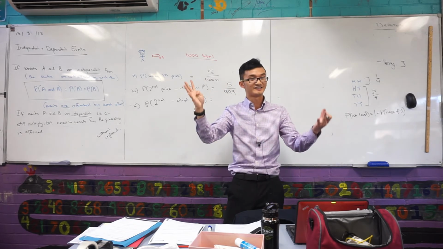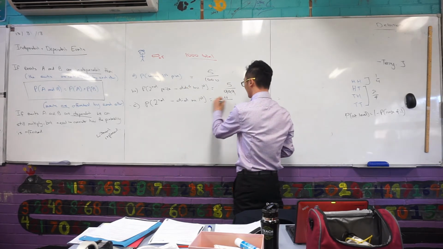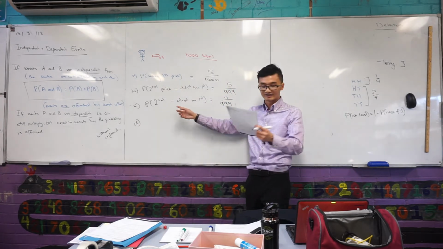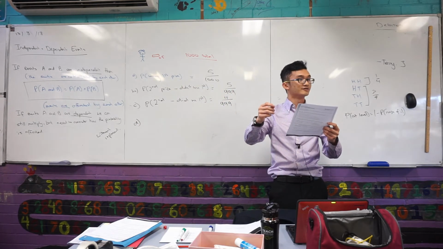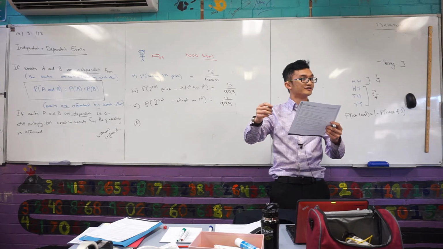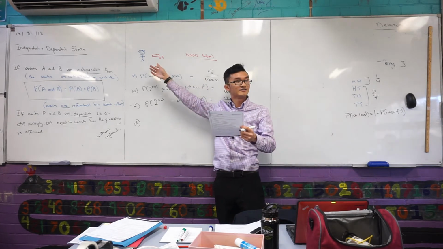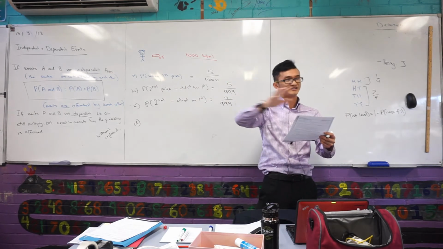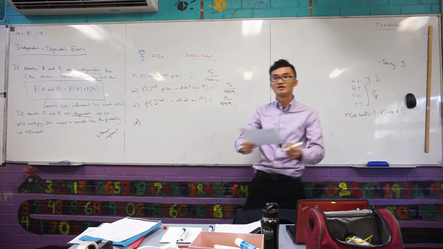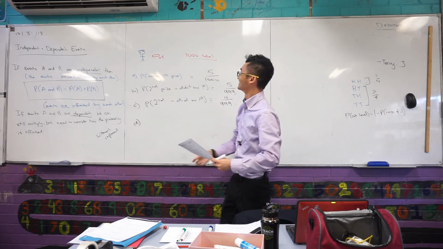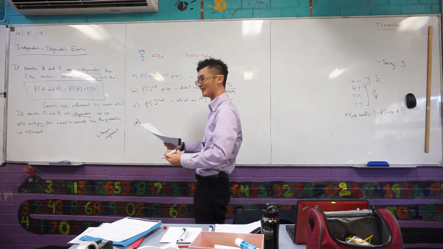But there's also less tickets in the pool still. 4 over 999. This is just saying what's the probability of him winning the second prize? That's what the question's asking. Does that make sense? Because he has 1 less ticket in there, and there's also 1 less ticket in the whole thing. Does that make sense?